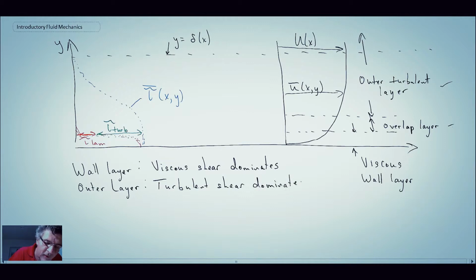And then we have the overlap region or overlap layer, and that's where both of them are important. So both laminar and turbulent shear are important.